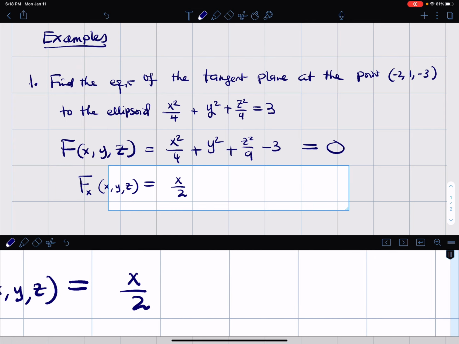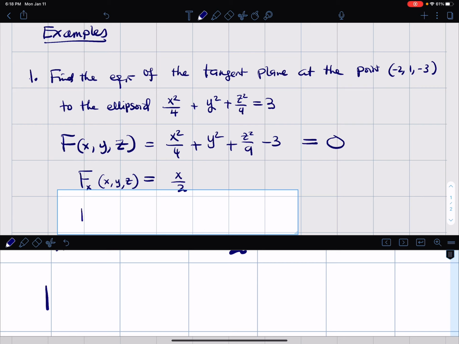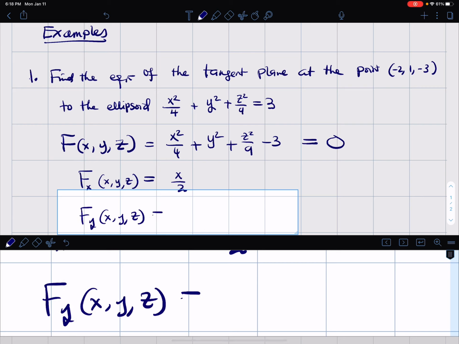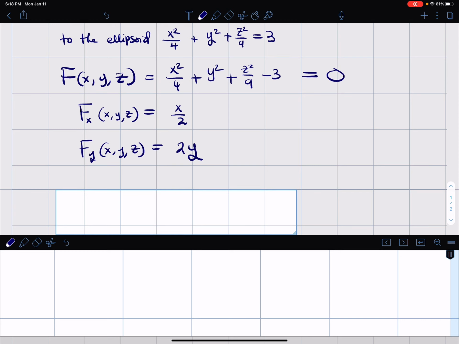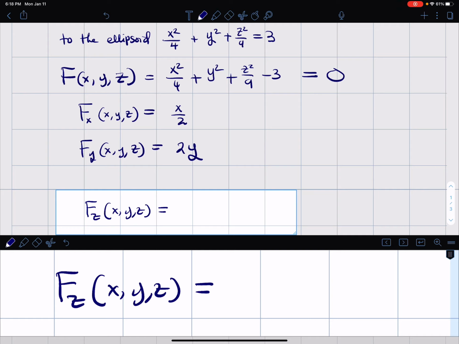And Fy. So I'm going to look for all the partial derivatives, and then I'm going to evaluate them at the point we're given. So Fy is just 2y. Fz is 2z over 9.